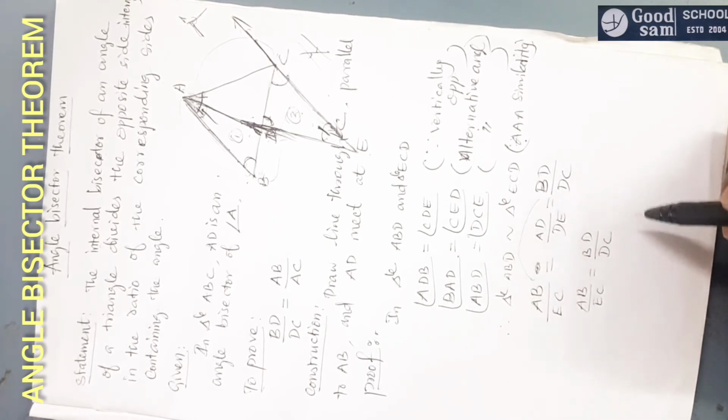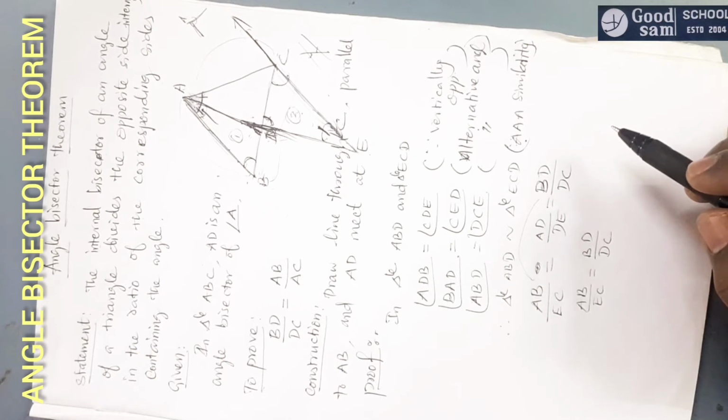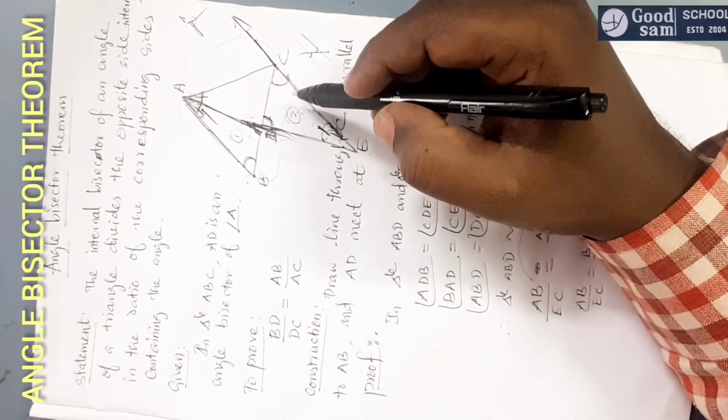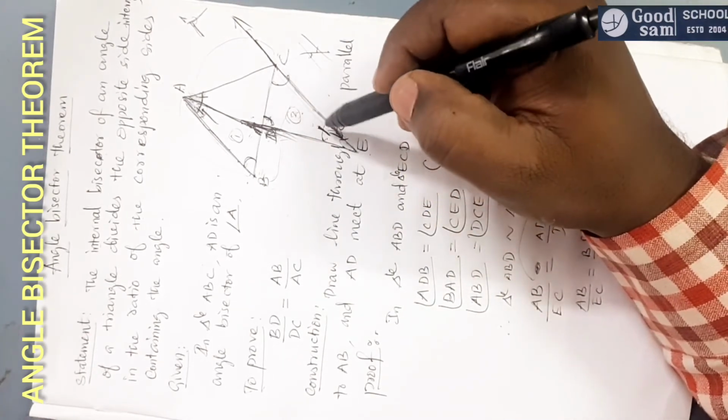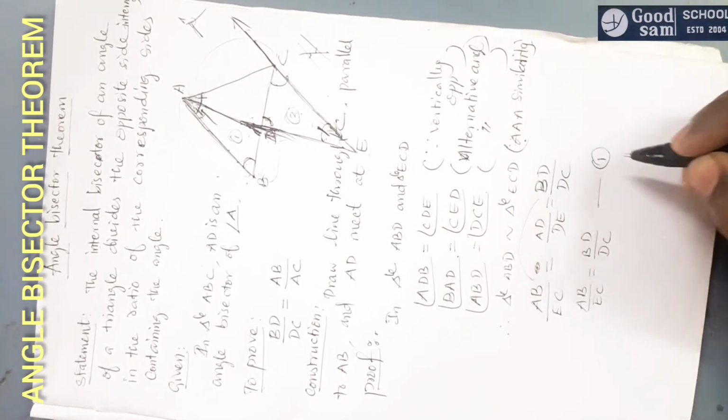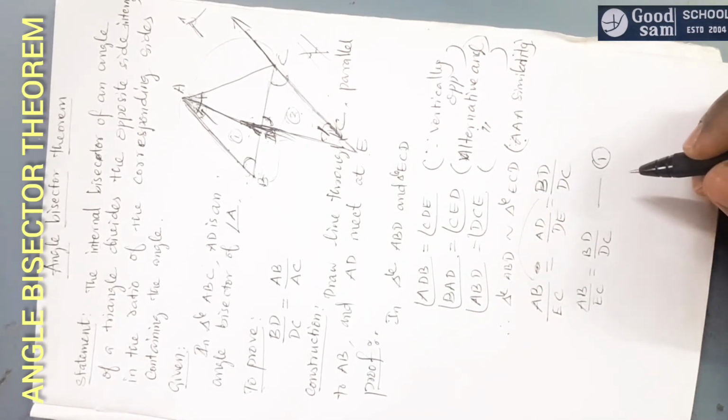Now what we are going to do, this is equation 1. Now look at the triangle ACE.